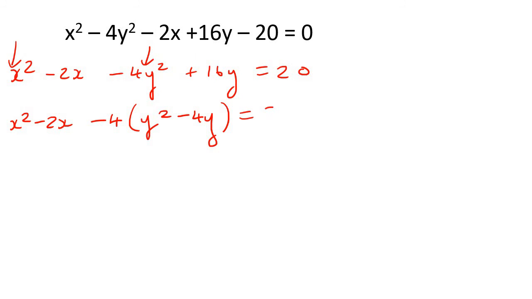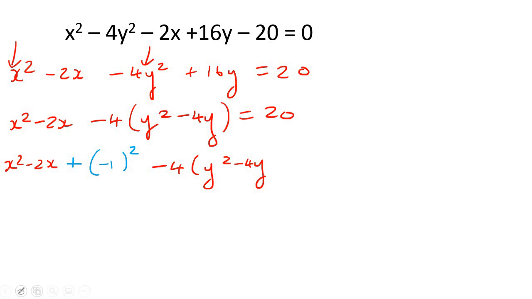Okay, and then we have 20. Now we just go complete the square. So x squared take away 2x plus half of that number, which is negative 1, and then you square. And then negative 4, y squared take away 4y plus half of the negative 4, and then square it. And then on the other side, you've got the 20, and then we need to add the blue parts.